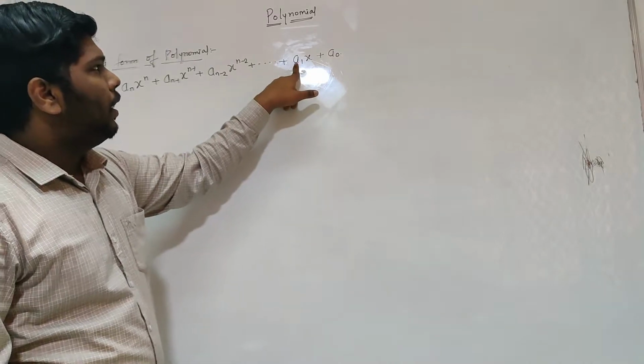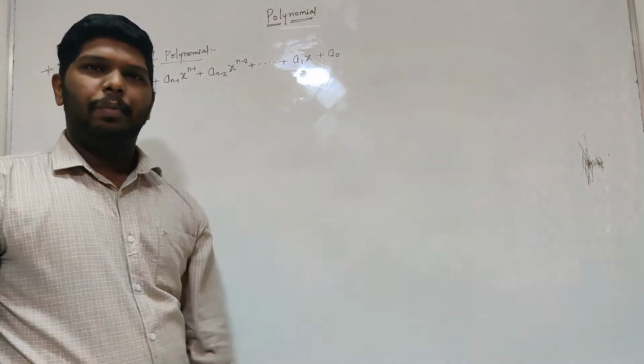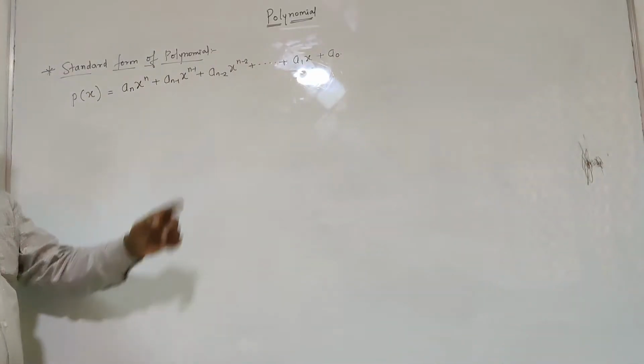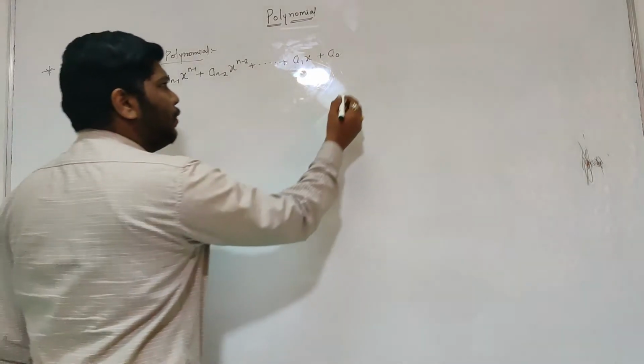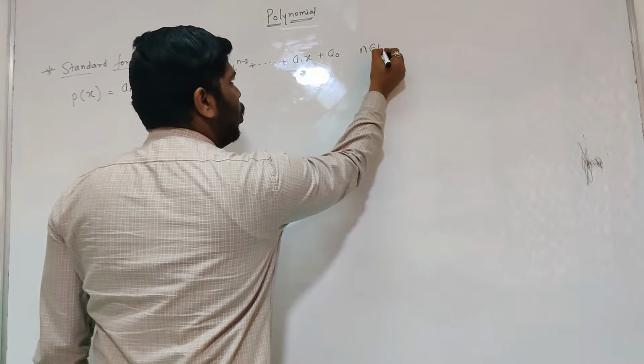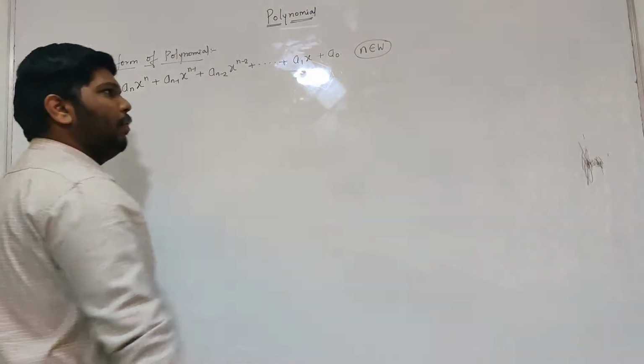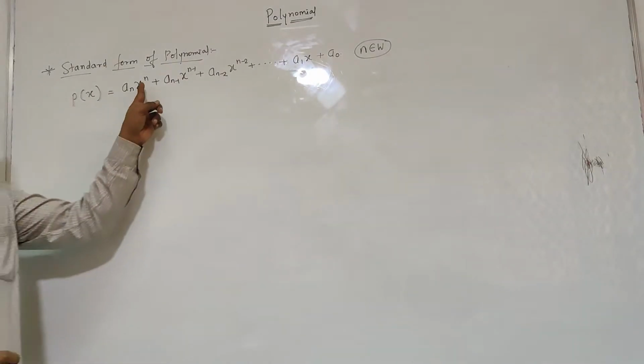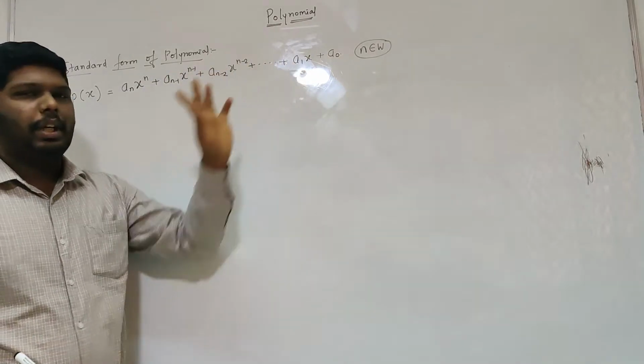Like that it will go till a_1 x plus a_0. Now when you look at this polynomial, compulsorily this value of n is a whole number. The value of n has to be a whole number. So n means basically the power of x in each term.